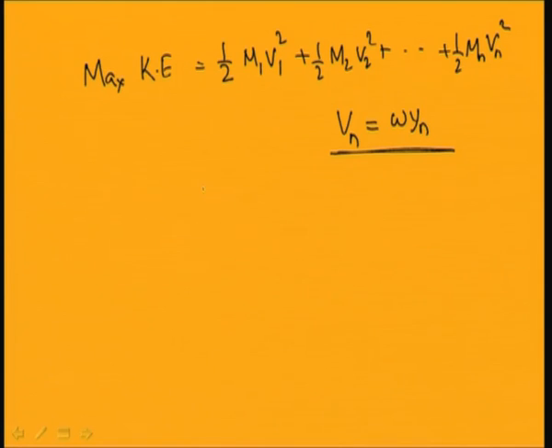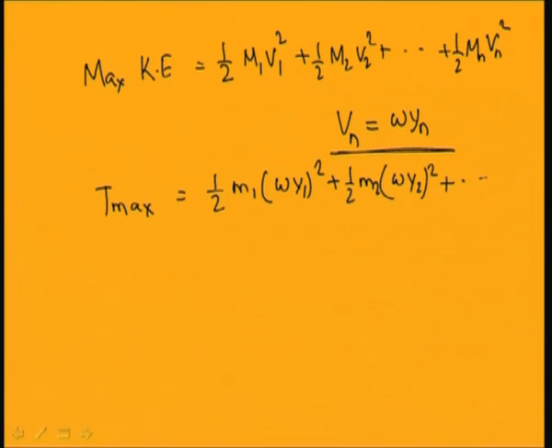Substituting this in the equation, T max will be equal to half m1 into omega y1 square plus half m2 into omega y2 square, and in this way up to half mn yn square into omega square.